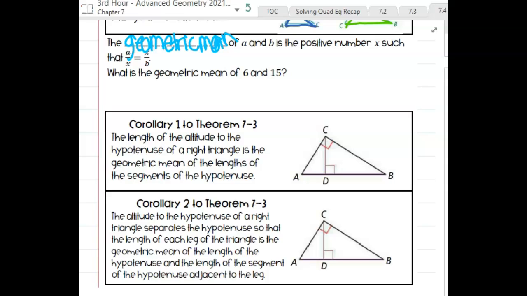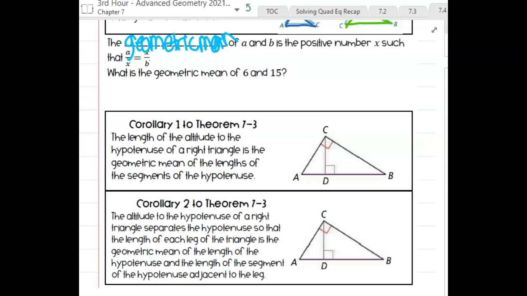For the geometric mean, we're looking for x. My geometric mean is the x in this case. If you're looking for the geometric mean between a and b, two numbers, whatever they are, you could set up this proportion where a over x equals x over b. So you've got something over x and then x over something.